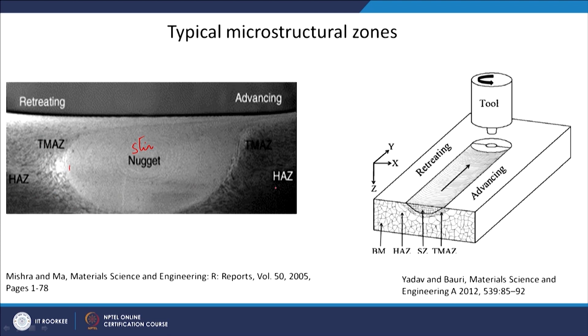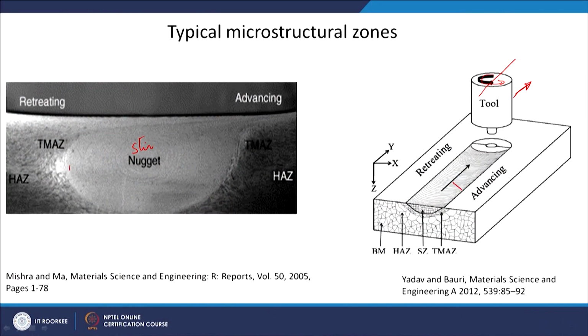Then there are two sides shown here, one called retreating and another called advancing. Let us see what is advancing and what is retreating. In this schematic you can see the tool is rotating like this and is also moving in this direction. With this condition, you will have two different sets of material flow on either side of the tool.